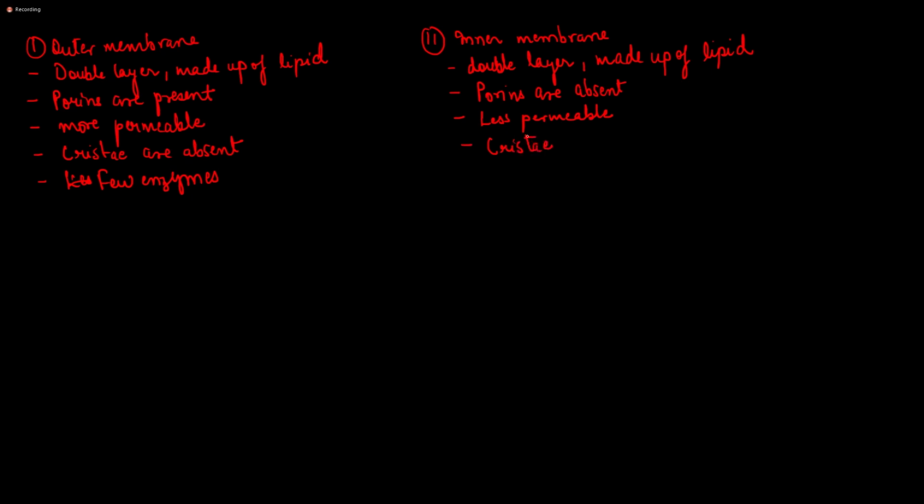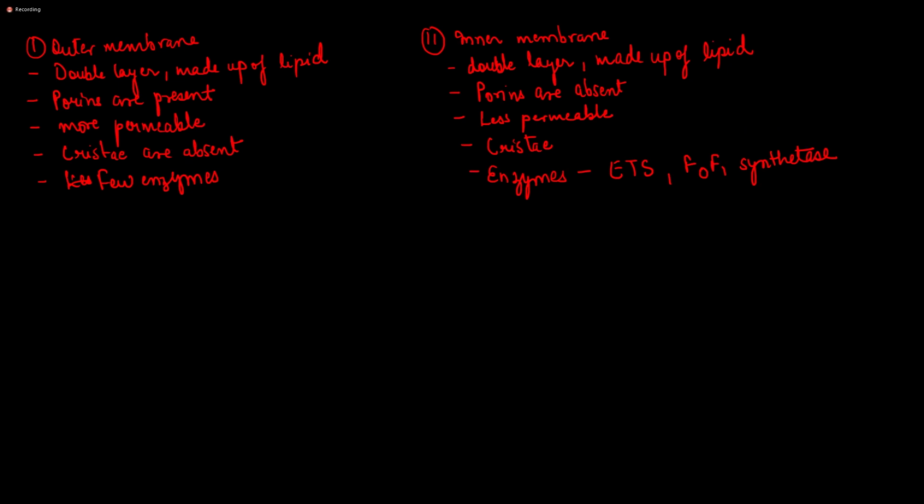So the inner membrane comprises of cristae, and it also comprises of enzymes. So enzymes are attached on the inner membrane, and the enzymes are for ETS, that is electron transport chain, and we also saw one more enzyme, that was F0 F1 synthetase.